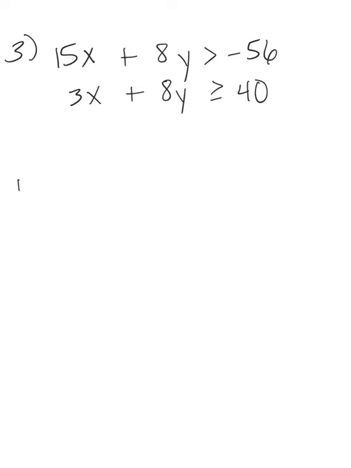So I have 15x plus 8y is greater than 56. You're trying to get y by itself. Do you want to divide by 15 first? If you divide by 15, you have to do everything by 15.